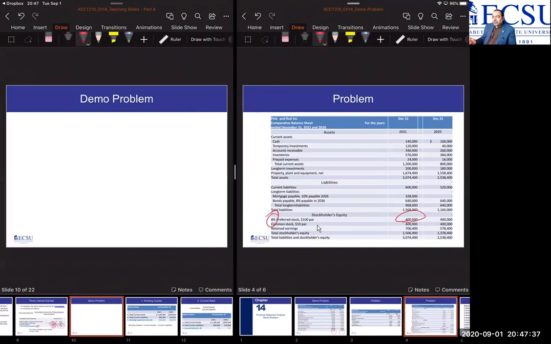Now, for a common stockholder, suppose we made a 1 million profit. Out of that, 32,000 we're going to pay to the preferred stockholders. So the remaining 968,000 would be available to the common stock for dividend.